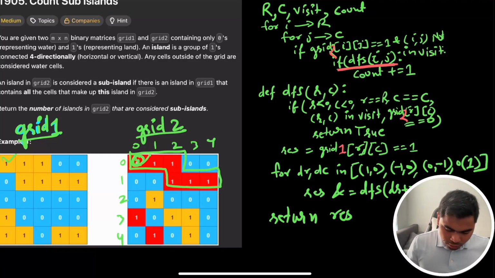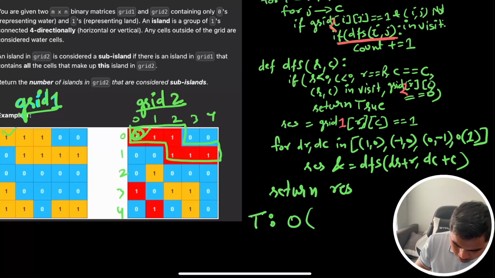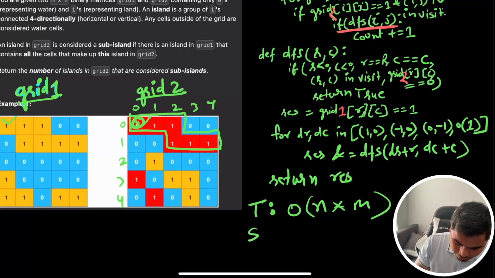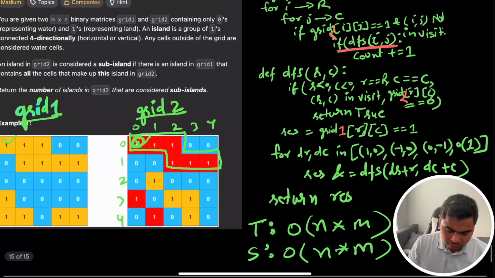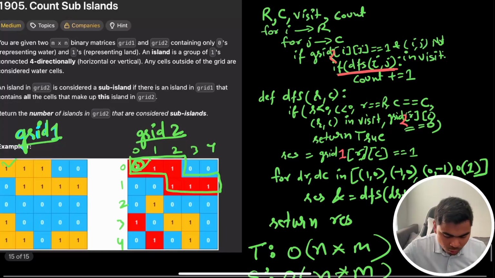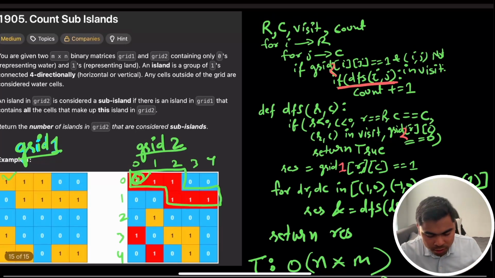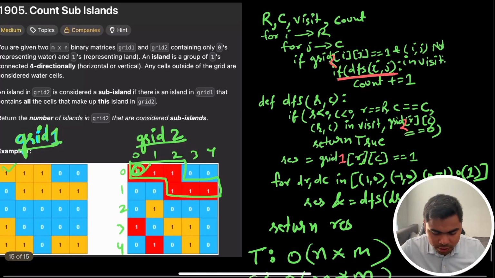Now let's convert it. It will be of time complexity O(n times m), where this is the size of the matrix, and its space complexity is also O(n times m). The reason is that at most we are visiting all the cells once, since we have this visit set.